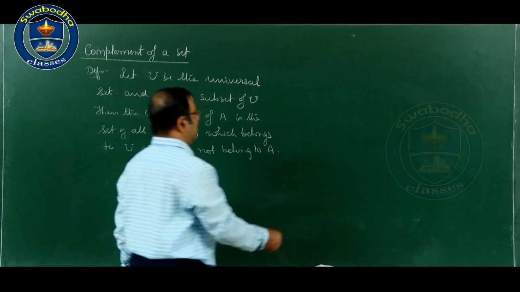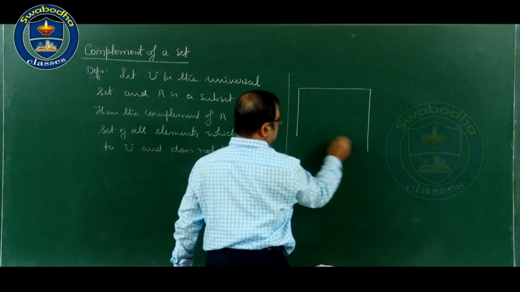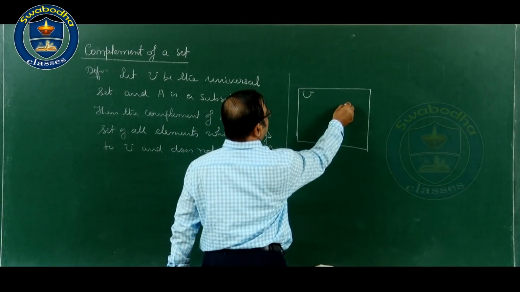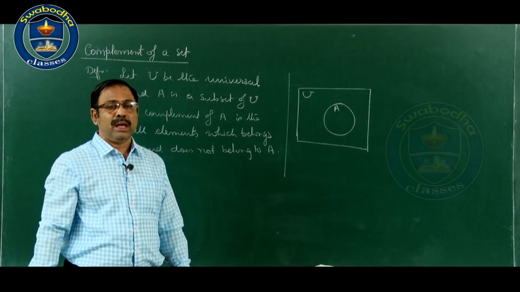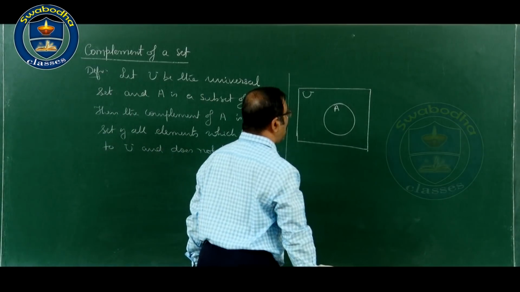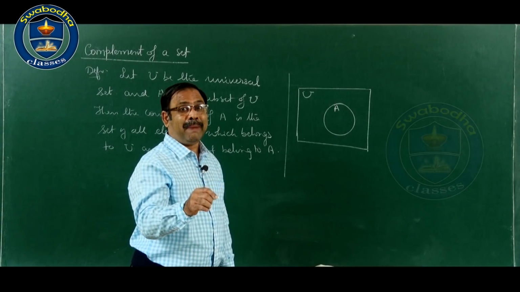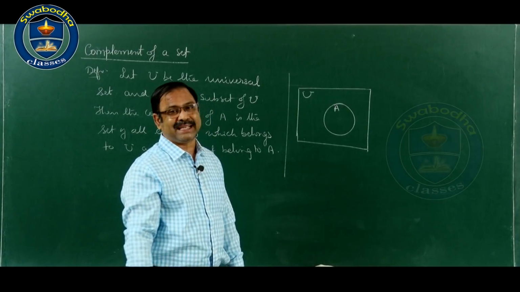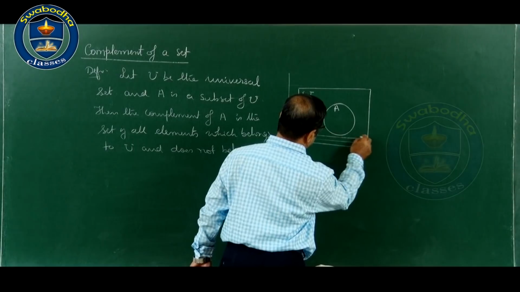It is very simple. Say this is U and A is a subset of U. The complement is all those elements which are present in U but are not present in A. See, these are the elements.